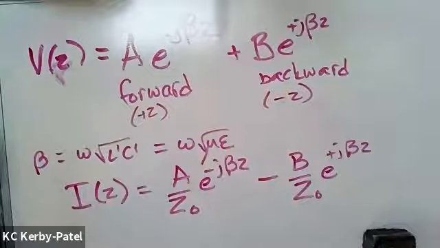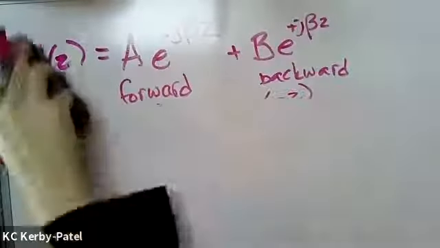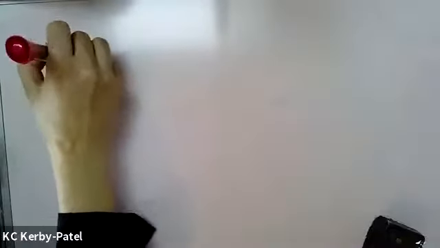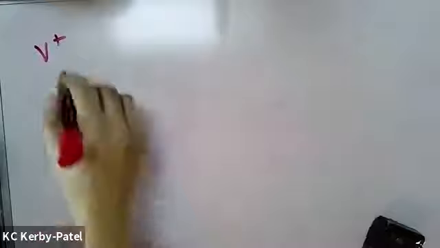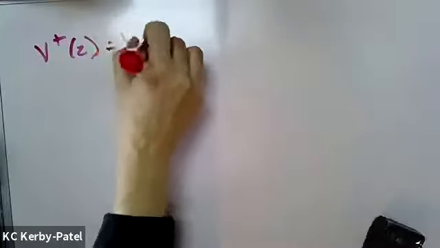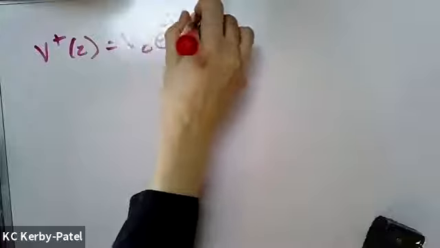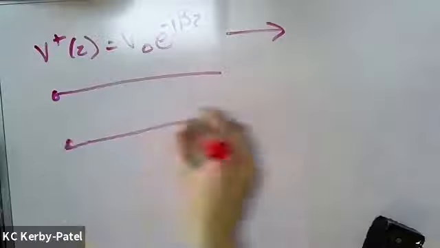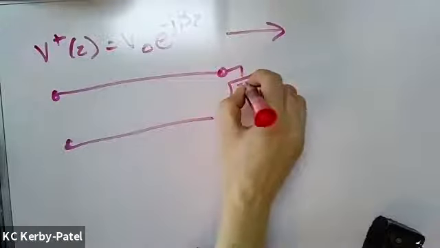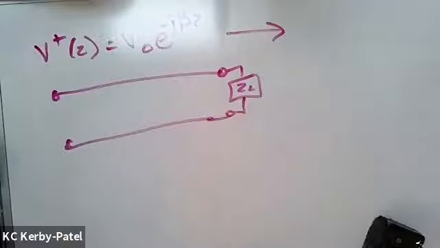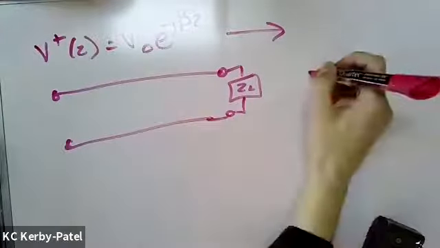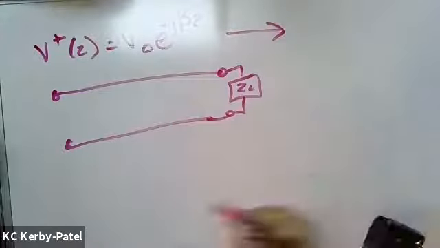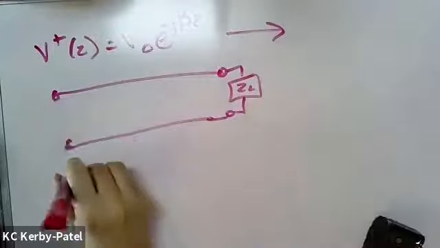Remember we talked about reflections? If you have a forward going voltage wave with some amplitude, let's say we have a forward going one that we're going to call V plus of z, that is V naught e to the minus j beta z, and it is going down some transmission line terminated by some load, then you're also going to have a minus going voltage wave going back the other way.